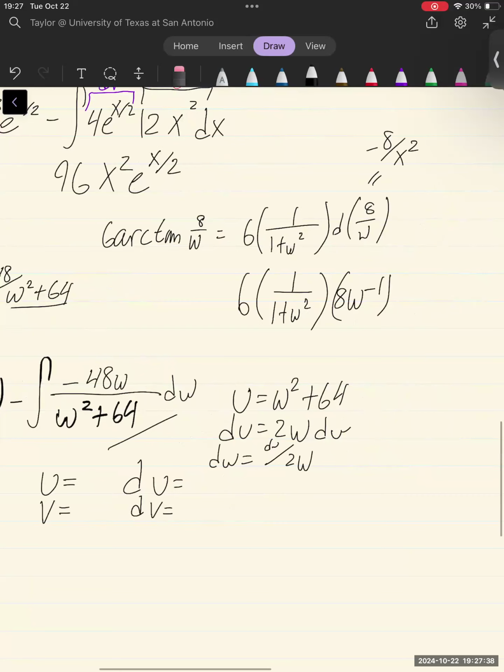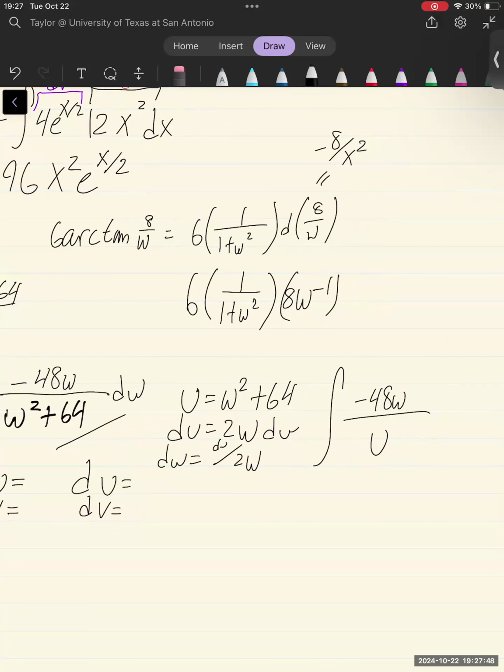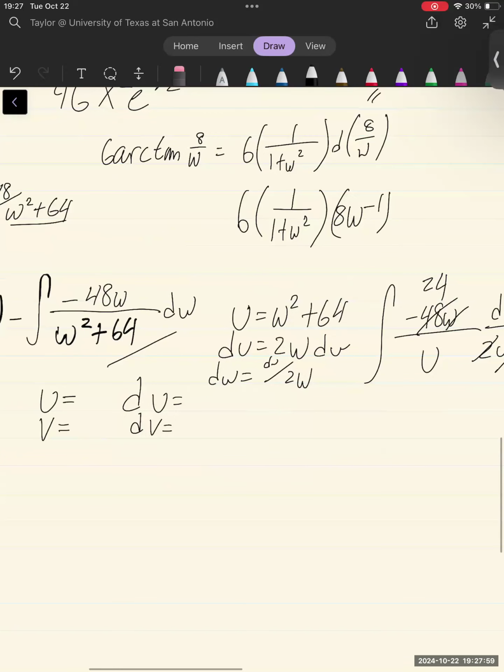And then this gives us the integral of negative 48 w over u times du over 2w. Cancel. This becomes 24. Nice, good catch.